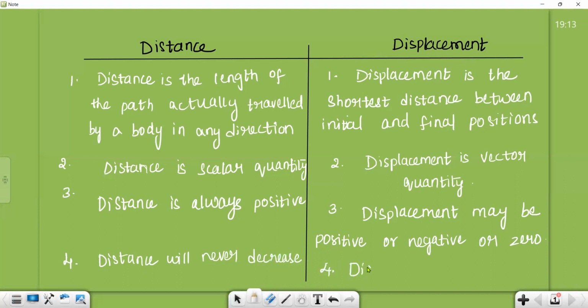Clear? So these are the differences. Clear with all the points, everybody? Yes, ma'am.